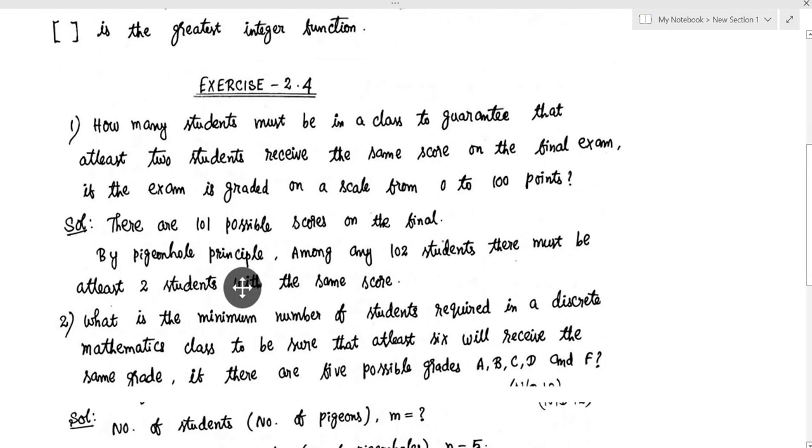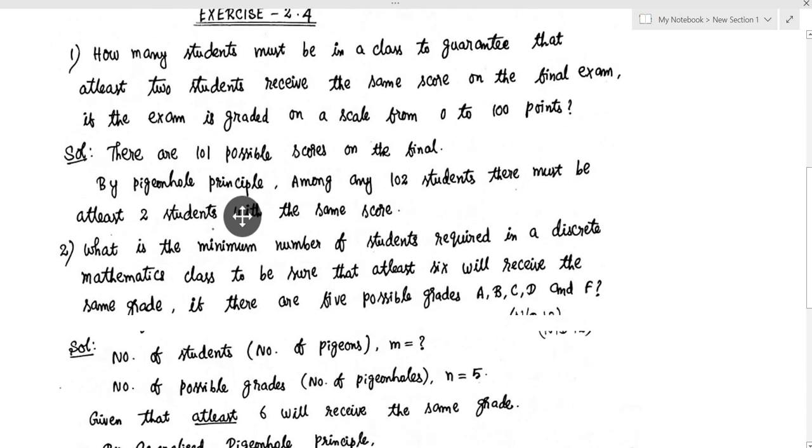Start an example now. Problem number 1 in exercise 2.4. How many students must be in a class to guarantee that at least two students receive the same score on the final exam, if the exam is graded on a scale from 0 to 100 points? 0 to 100 means, first of all, what is the total number of possibilities?